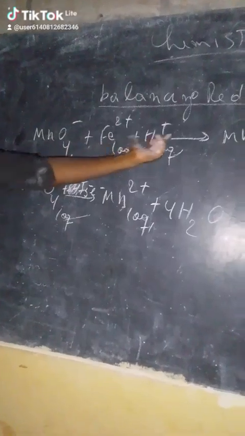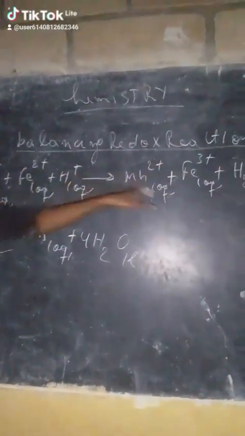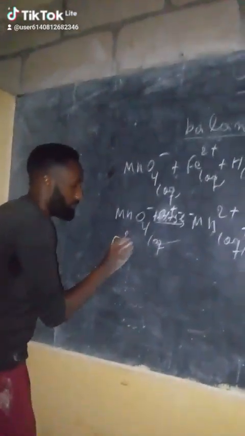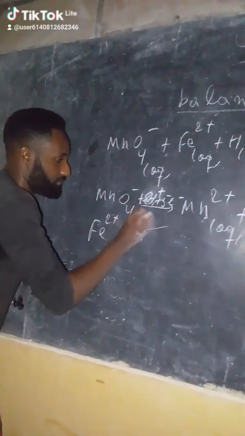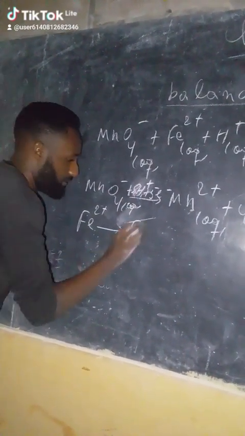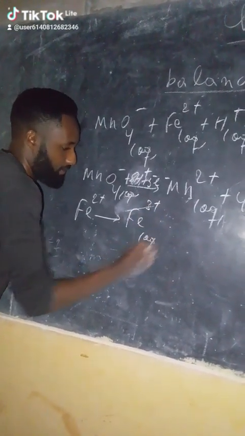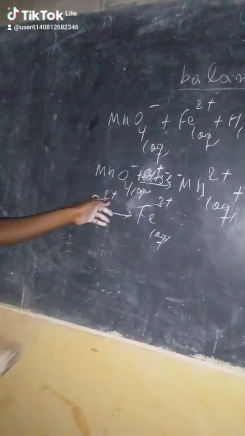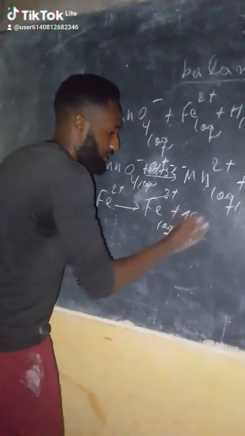Second half equation have iron: iron 2 plus equal to iron 3 plus. You're going to balance the charges of 2 and you have 3, which means plus 1 electron.